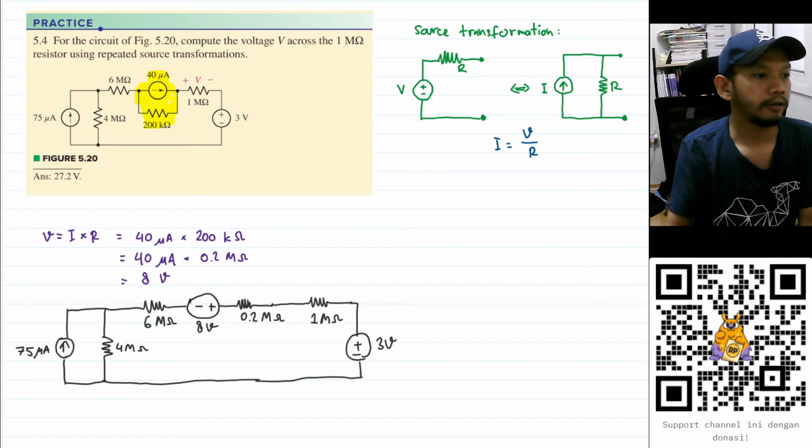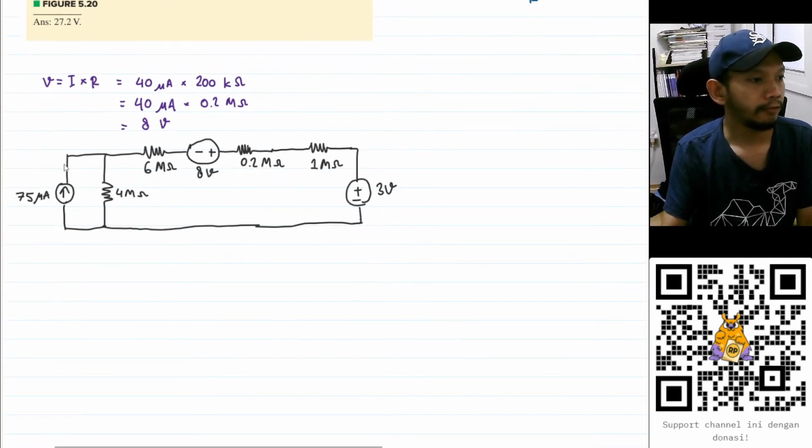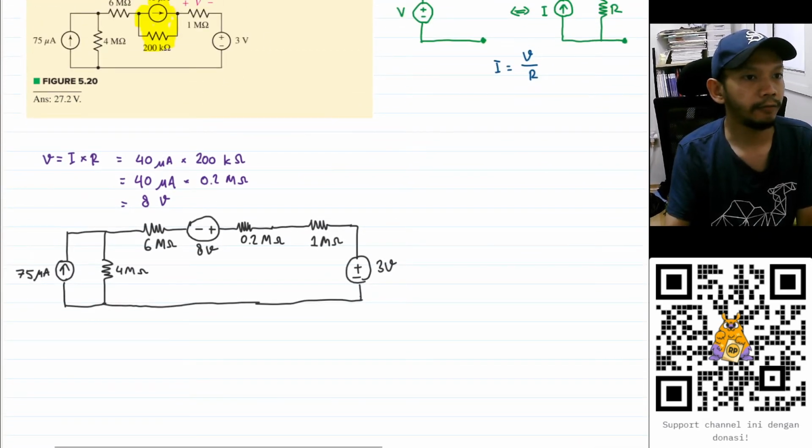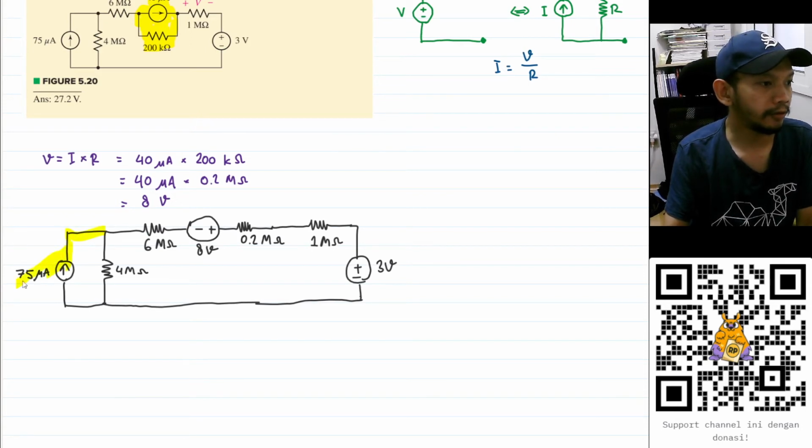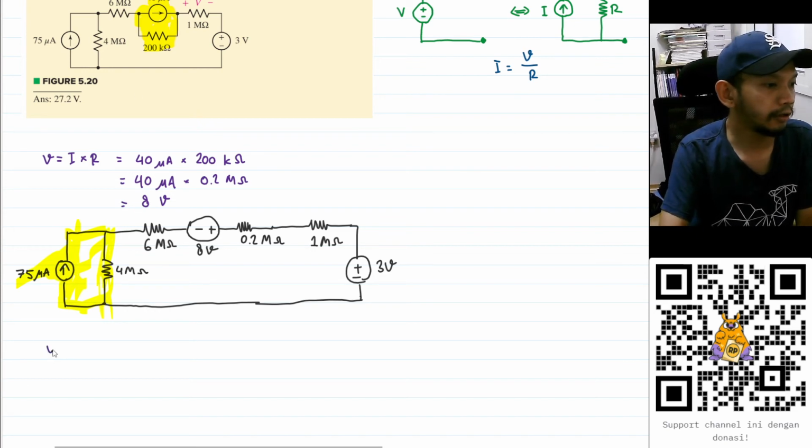So now let's change this one into a voltage source in series with a resistor. So this part here, with this part. Remember that V is equal to I multiplied by R. Our I here is 75 microampere, and our resistance here will be 4 mega ohm.